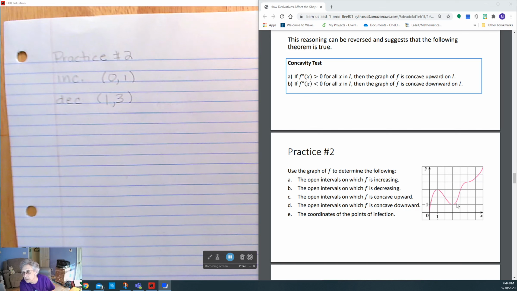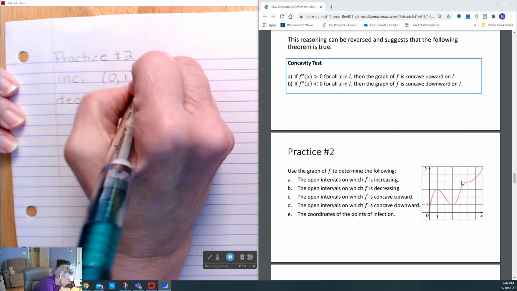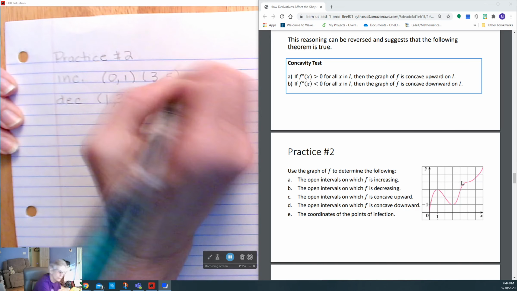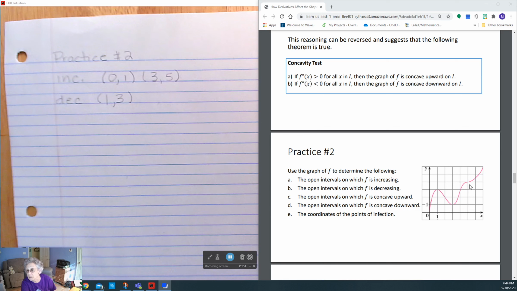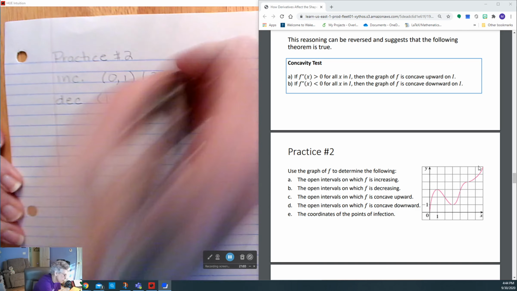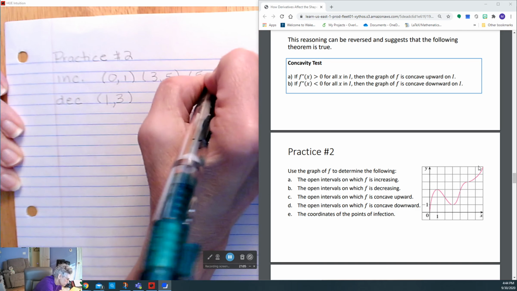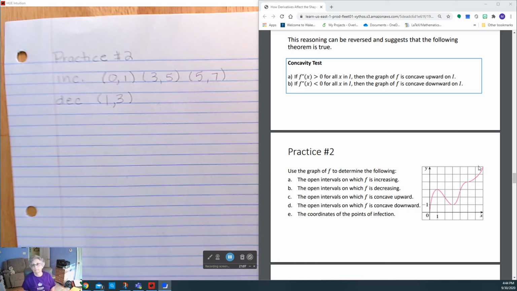It increases up to 4 and 5. At 5, it takes a little rest, but it doesn't start decreasing, it just increases after that from 5 to 7. So it only has one little place where it is decreasing.